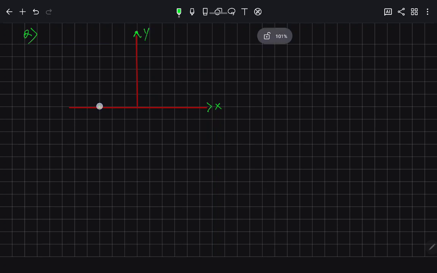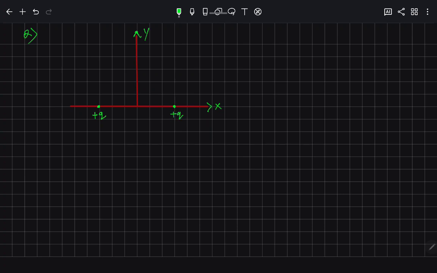Now I put two charges here. Okay, here I put one charge, that is a point charge, that we can take as plus q, and here I put one more charge, that is a point charge basically, right?